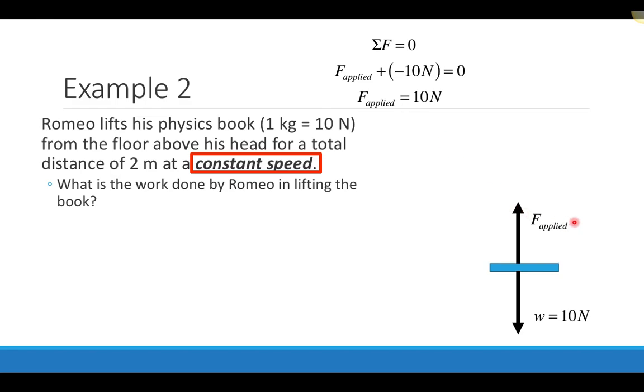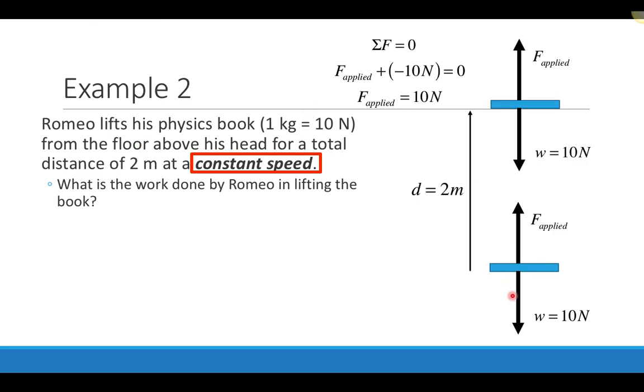So we now know what that applied force is, and we know that eventually he's going to take that book and lift it all the way up 2 meters, and so the direction of the motion is in the vertical direction. So the applied force and the displacement, or the direction of the motion that it travels, are both in the same direction.